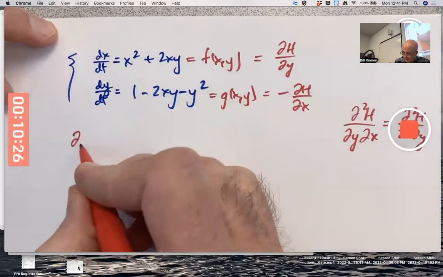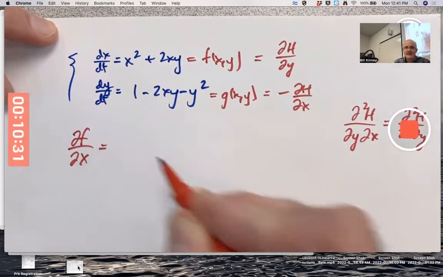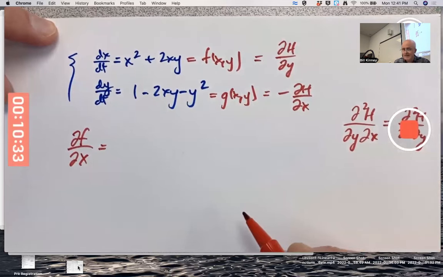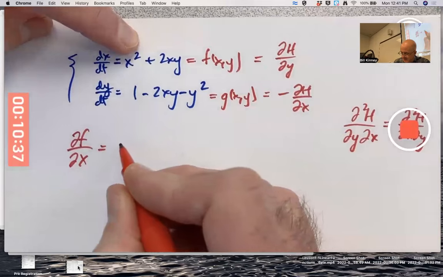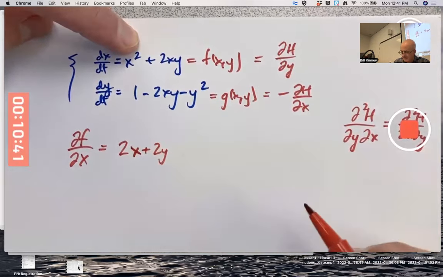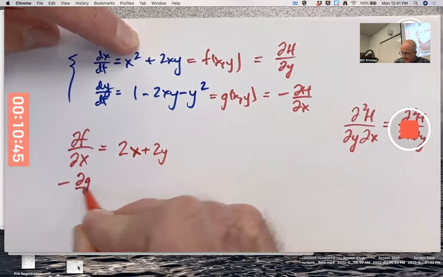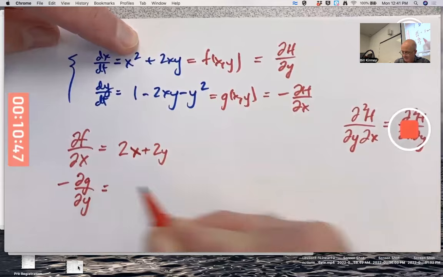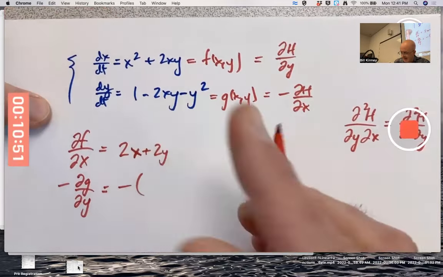Take the partial derivative of f with respect to x. See what you get. Differentiate this with respect to x, treat y as a constant, you get 2x plus 2y. Does that equal the opposite of the derivative of the second right-hand side function with respect to y? What's the derivative of this with respect to y?